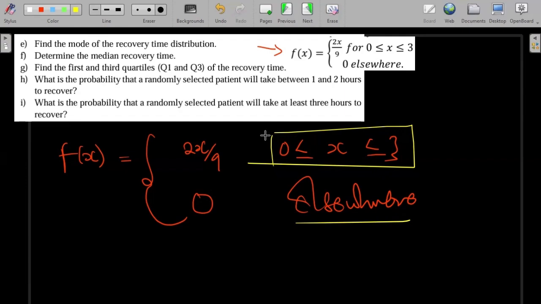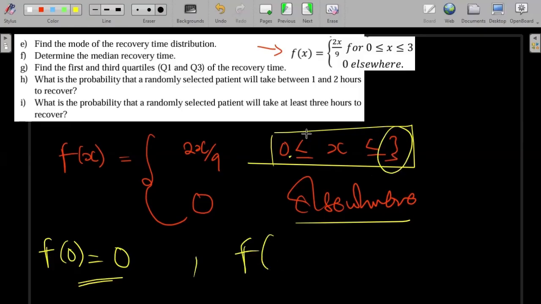In this interval, if I pick 0, I'm going to get my lowest probability. f of 0 will just be 0, so this 0 is my lowest probability. My highest probability will be when I replace x with 3. So f of 3 is 2 multiplied by 3 over 9, which is 6 over 9.